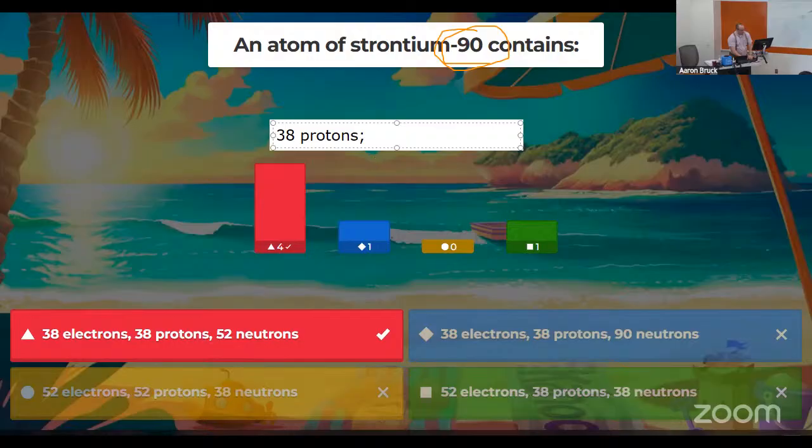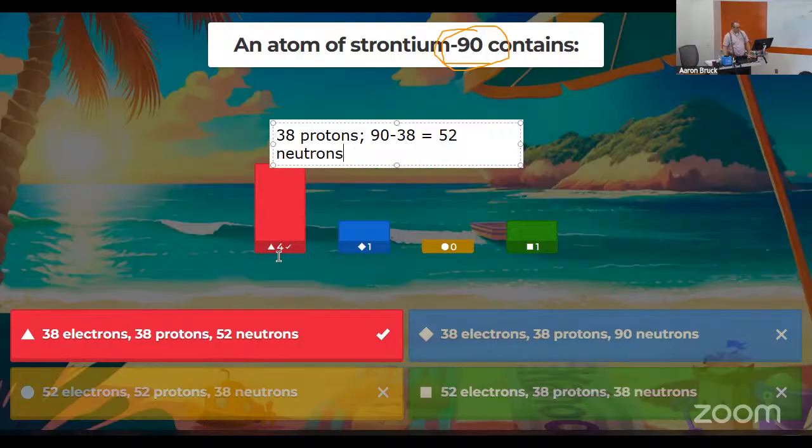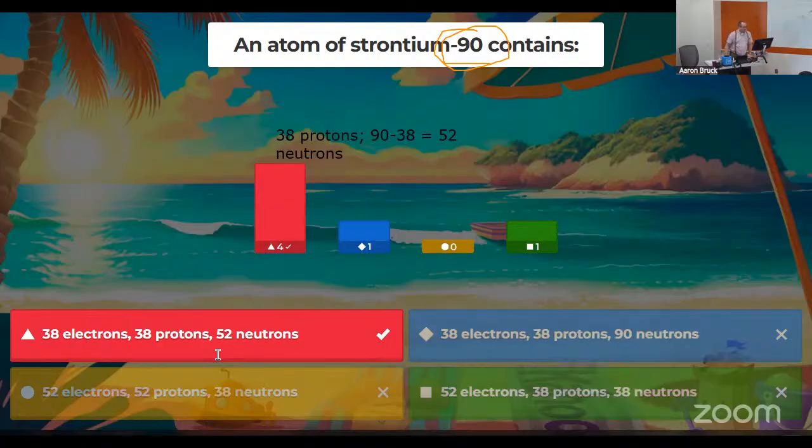And so 90 minus 38 would be how many neutrons there are, which would be 52. Since this is a neutral atom, not an ion, it's safe to assume that the number of protons and the number of electrons is the same, which is why those three here all have that matching feature.